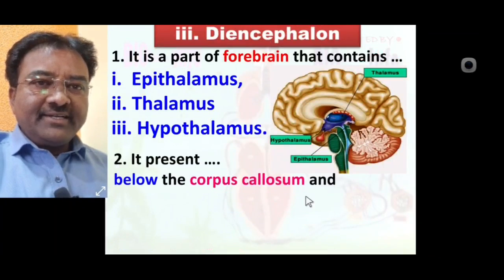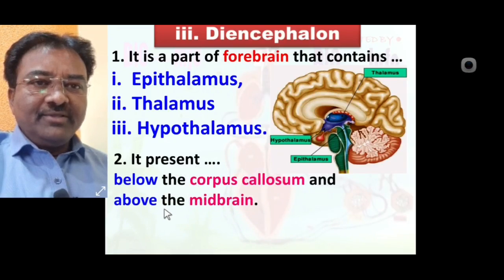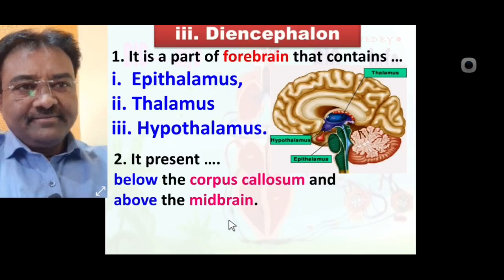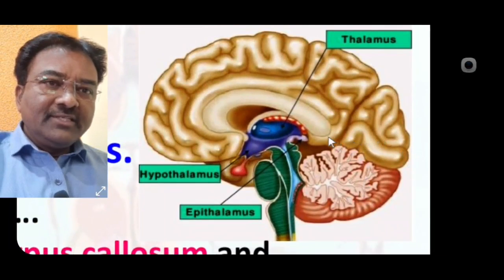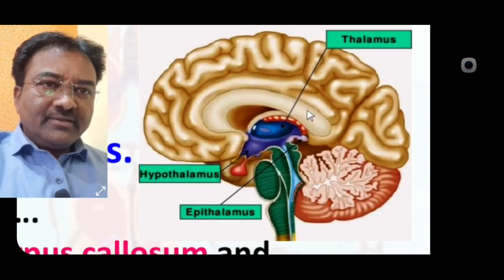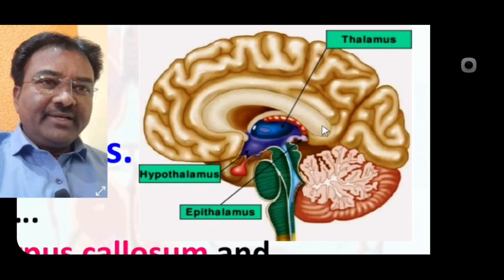It is present below the corpus callosum and above the midbrain, seen here. This part is the corpus callosum. With the help of the corpus callosum, the right and left cerebral hemispheres are joined to one another.